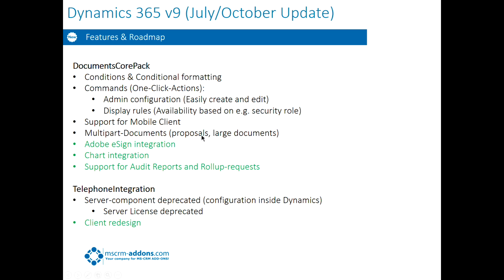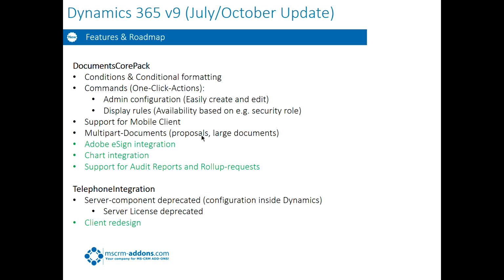Also, we're going to expand multi-part documents. This is something that is already in the product, but it can be a little bit difficult to use at times. We've noticed that. So basically what a multi-part document does is it allows me to take several different templates and PDFs from SharePoint and merge them all together into one large workbook or a proposal or a large document.